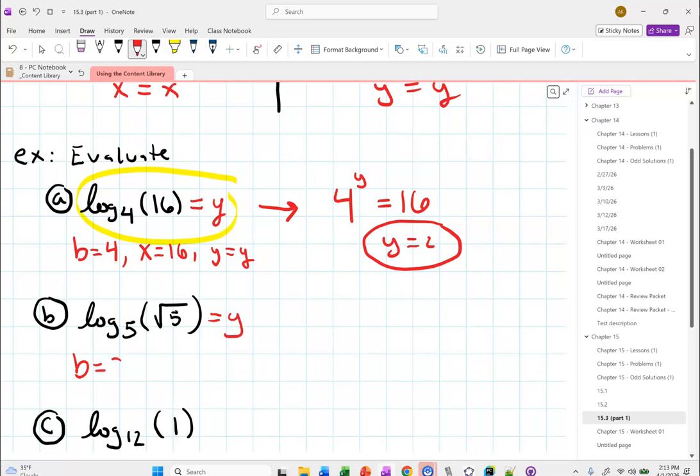I'm going to identify the values for b, x, and y, and then rewrite this as an exponential equation and ask what power of 5 is equal to the square root of 5. One half is correct. How'd you get that, Luco?